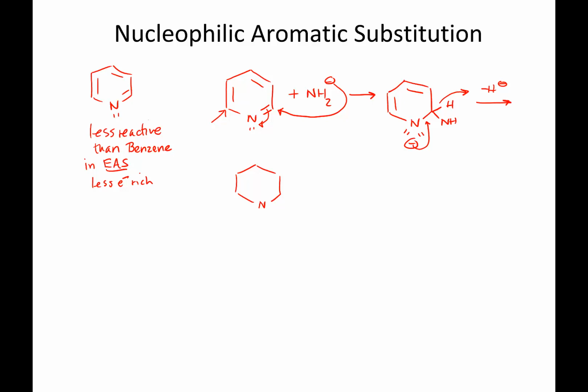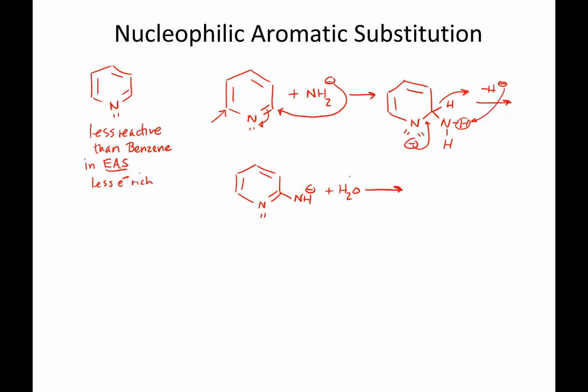Actually, in the textbook, this is what they say happens. As that H- comes off, it deprotonates one of the nitrogens. We form the double bond. We now have an NH with a negative charge because the H- has removed the hydrogen there, and then that will deprotonate something else.